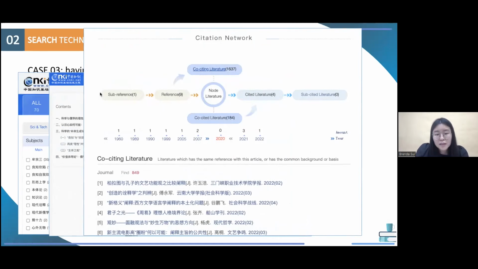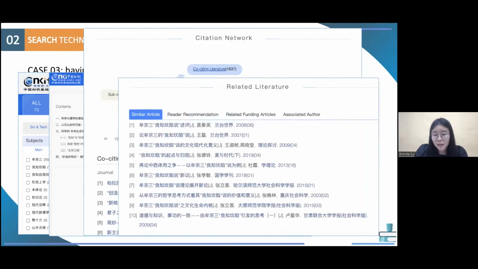References is something that we're quite familiar with. And sub-references refers to references of references. All this relevant literature can provide us with some food for thought for our own studies. Also, we have related literature if you want to know more about this research.